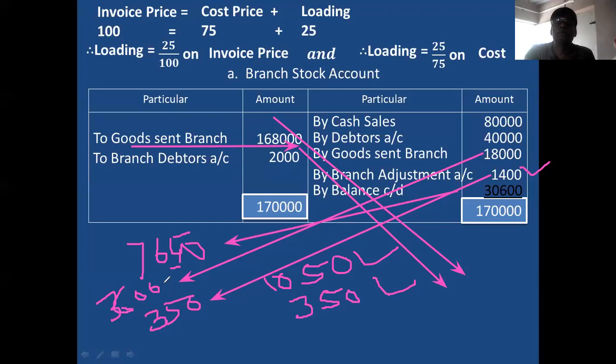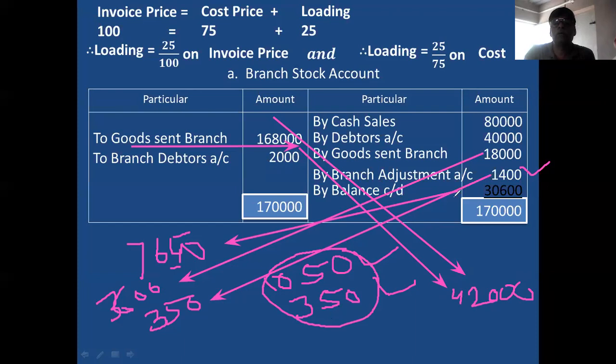Remember this. And this is 42,000, loading on goods sent to branch: 25 divided by 100 into 1,68,000. In this way, you have to take the loading, and adjustment is to be made like this.